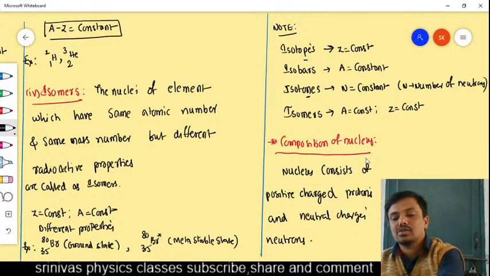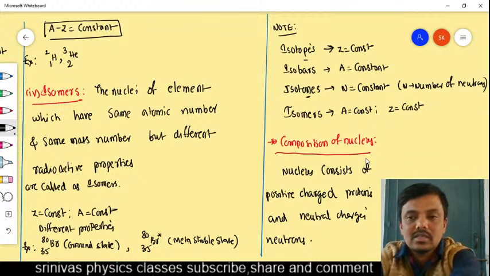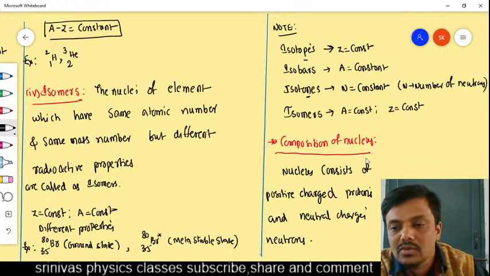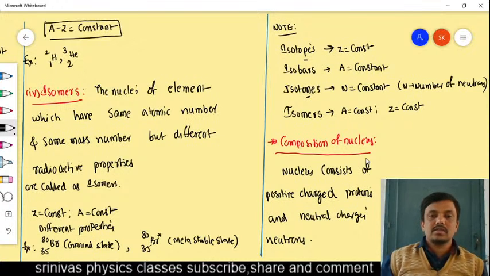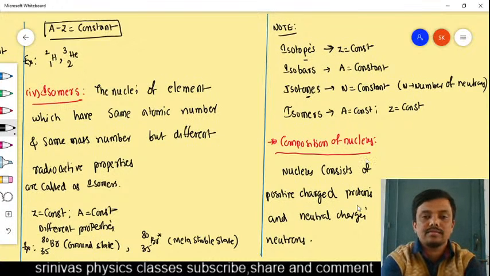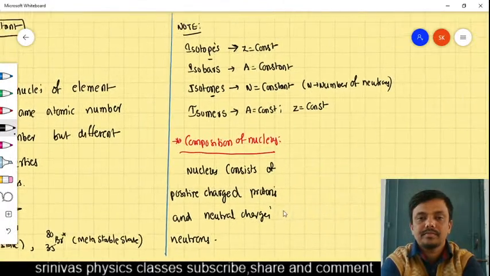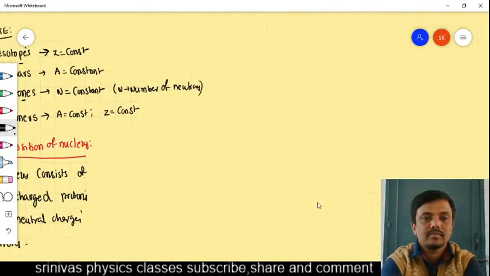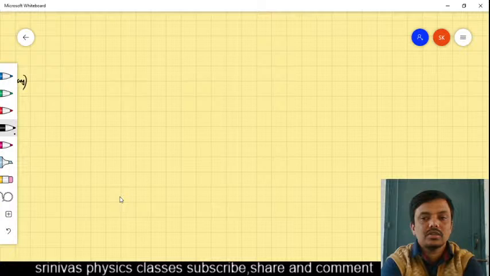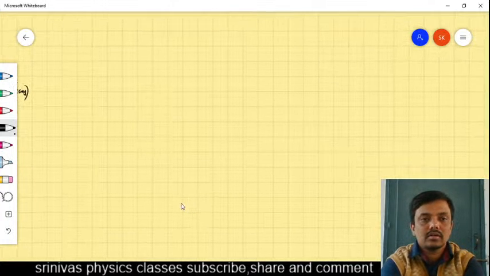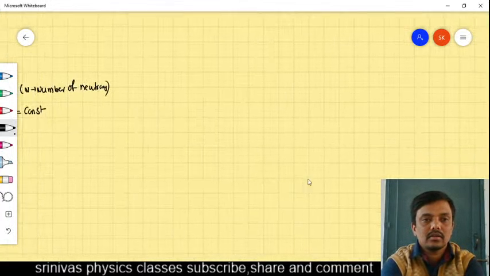Is it clear, students? Write in the chat box. I am not getting any messages from you. Do it fast. Response. Next, let us go for continuation. Take the screenshot and note.